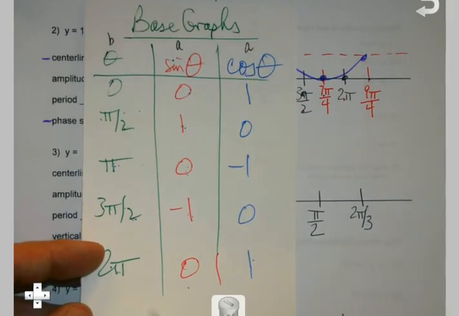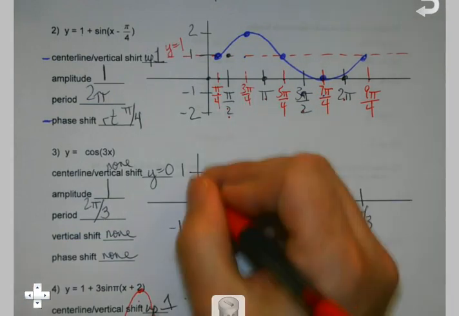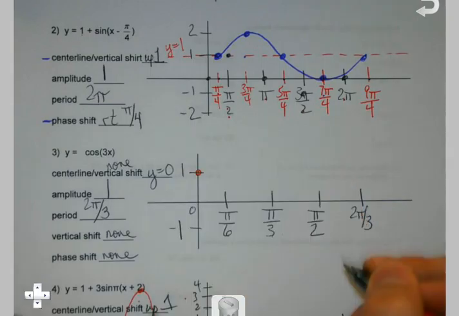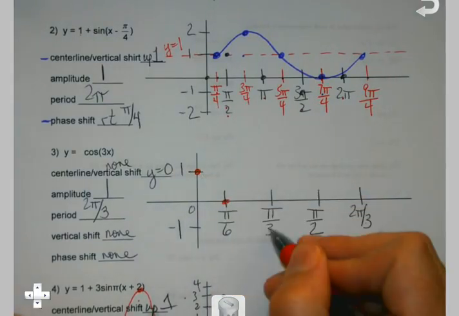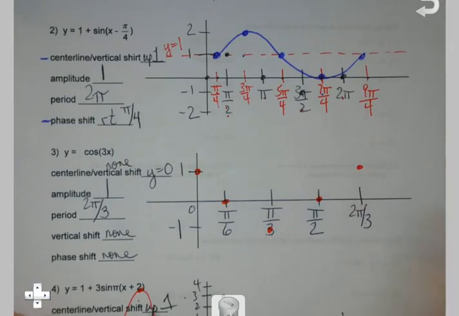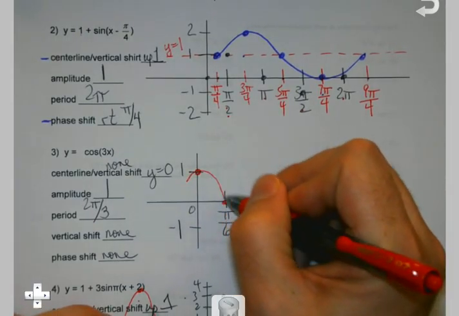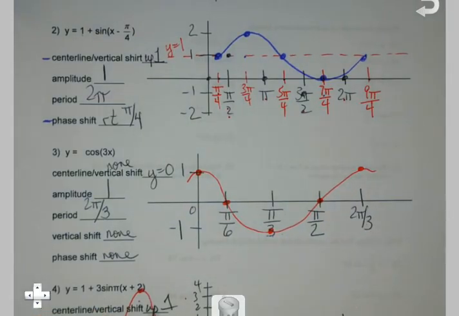Cosine, we're starting at 1. So maximum, 0. Minimum, 0. Maximum. Get my curve in.